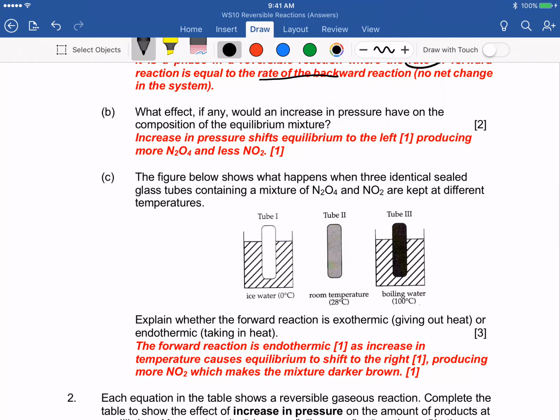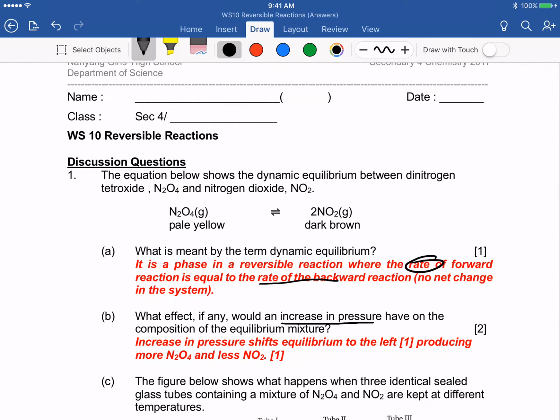What effect, if any, would an increase in pressure have on the composition? So you must first check what are their state symbols, gas and gas. On the left hand side we have 1 mole of gas, on the right hand side we have 2.